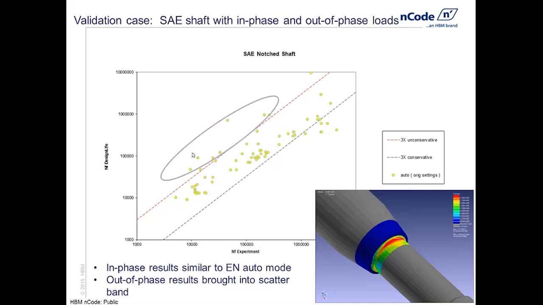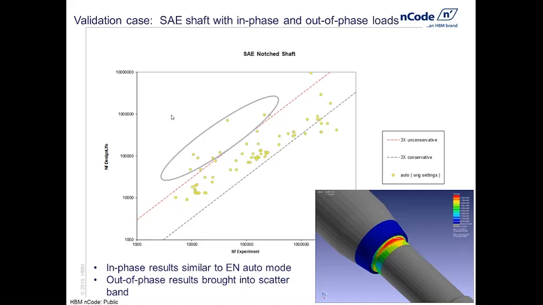So this set of points here that I'm showing was calculated using the standard EN engine with the auto multi-axial mode. So this is what's been available up till now. If we look more closely at those results, we see that those ones that are above the line are from non-proportional loadings.